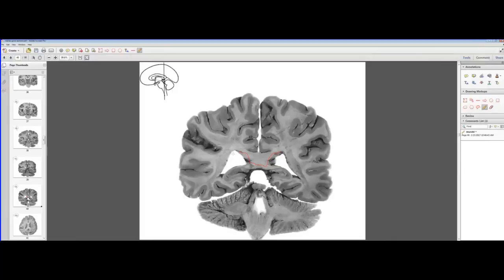Another thing I want to show you is that if I were to ask you what this space is, the correct answer is the atrium. I wouldn't accept lateral ventricle. It is part of the lateral ventricle, but you can tell by the triangular shape that the atrium is a landmark for it always.